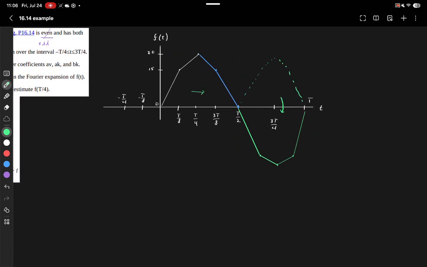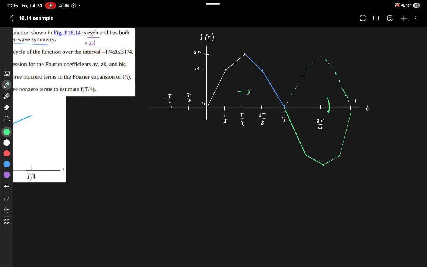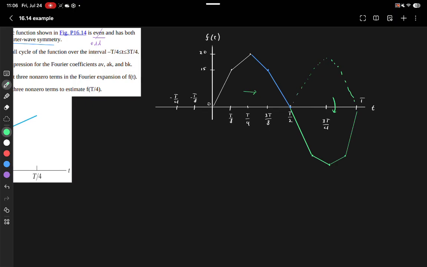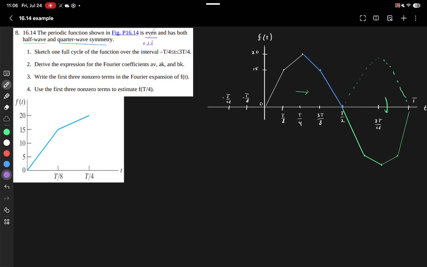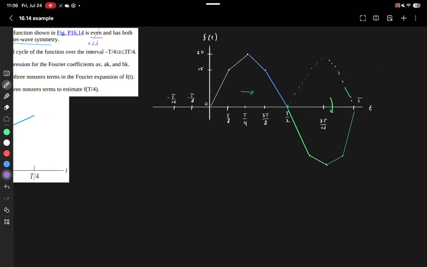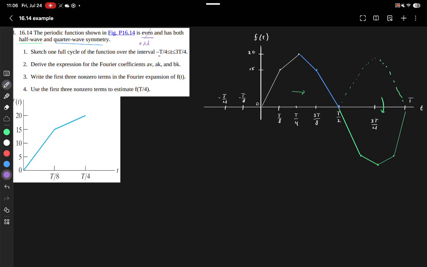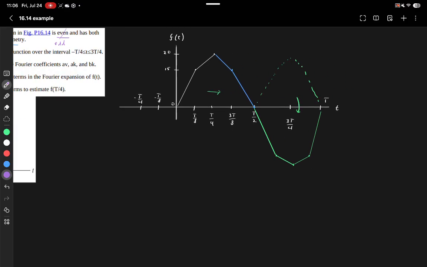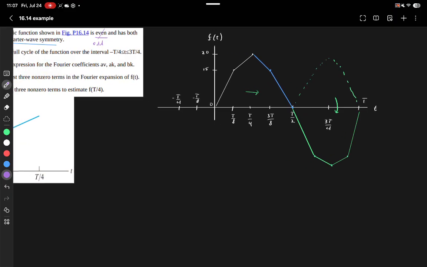So now we're definitely seeing something a bit more sinusoidal, and this reveals even more that we're dealing with an odd function, because if we go through and piece together what's going on here to this other side so that we can get this interval from minus T over 4, we've got the 3T over 4 done here, plus a little bit extra.